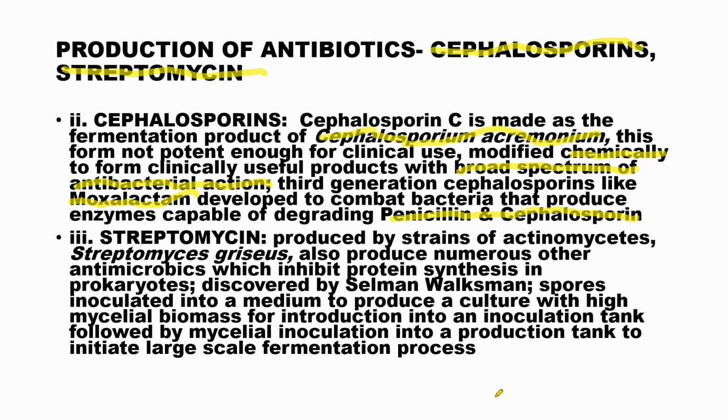So antibiotic resistant bacteria are those bacteria which can produce enzymes which can degrade antibiotics like penicillin and cephalosporin. Can you give me an example for an antibiotic resistant bacteria? Anybody in the comment box?